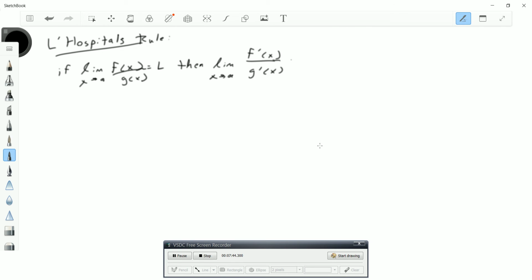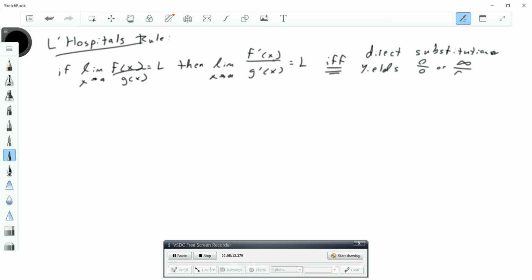If and only if direct substitution, in other words, you plug in a into those functions, direct substitution yields 0 over 0 or infinity over infinity.